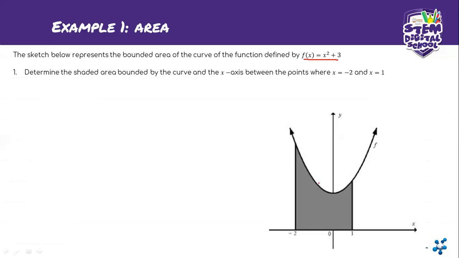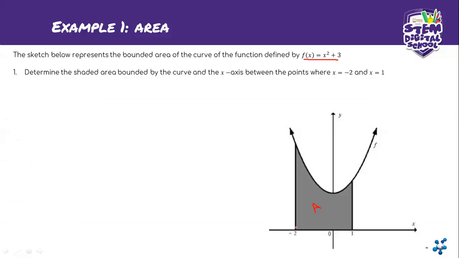You can see the parabola graph, which is defined by f of x equals x squared plus 3. All right? Determine the shaded area. You can see this is the area that we are looking for, the area bounded by the curve and the x-axis between the points where x equals negative 2 and x equals 1.